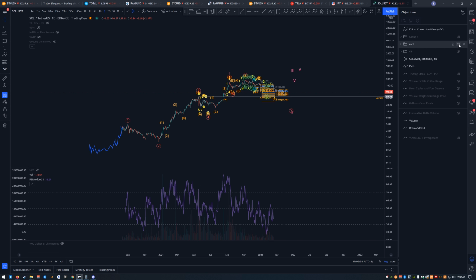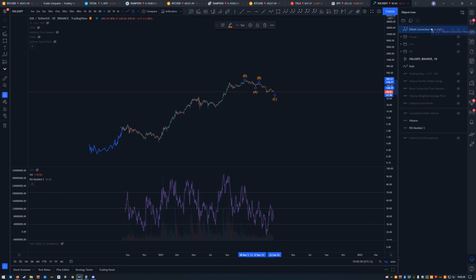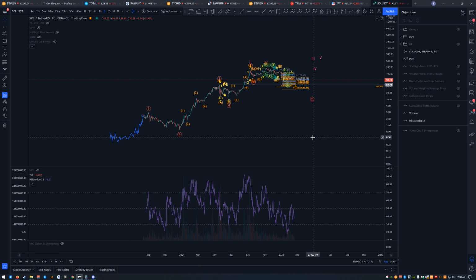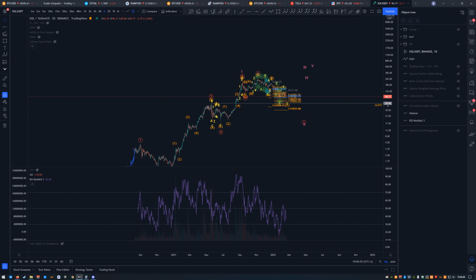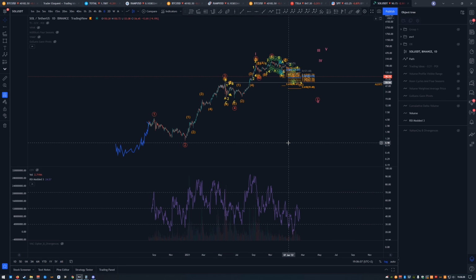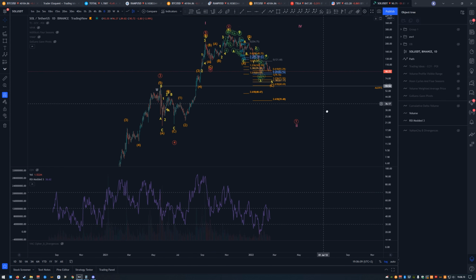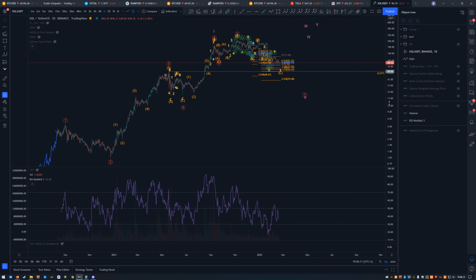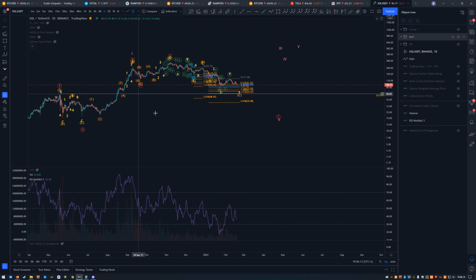So let's dig in. So the other count was this, saying that we topped here on cycle 1, and we can take a look at this leg down.